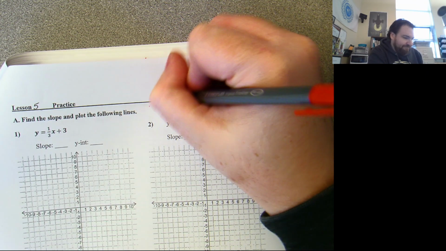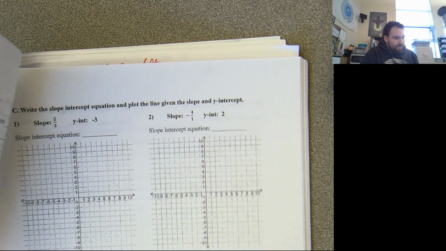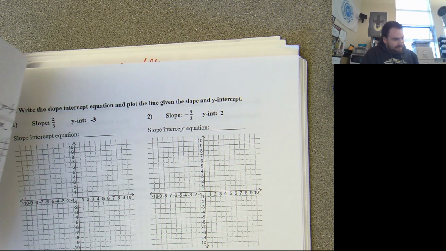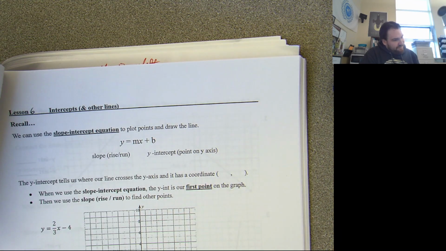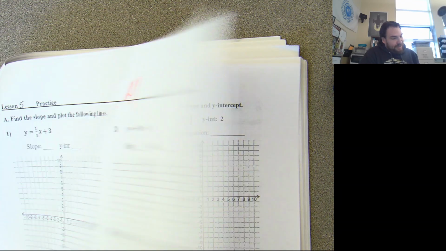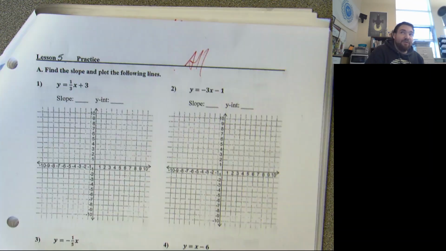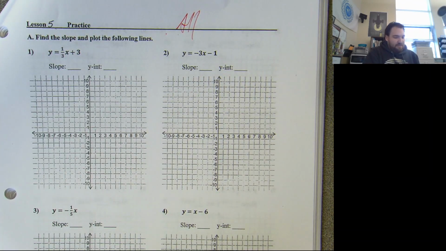Do them all. There's no part B. Part B is missing. There's 16 questions. Do them all. I assure you, it'll get faster as you go. Use the time that you've got. I know there's only 10 minutes. Use it. Yes, go for it.